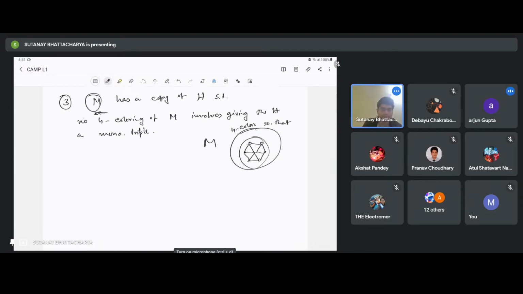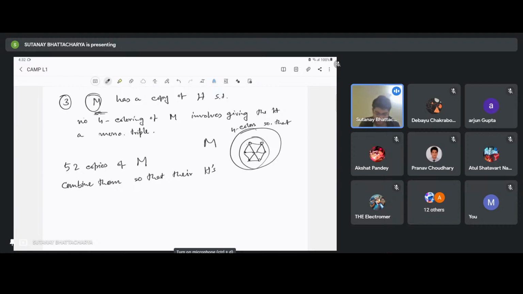How exactly? What we will do is we will take 52 copies of M and combine them so that their H's, every M has a copy of H inside it, right? So we have 52 copies of M, and each of them has a copy of H inside it.